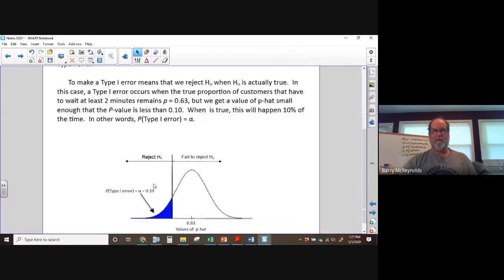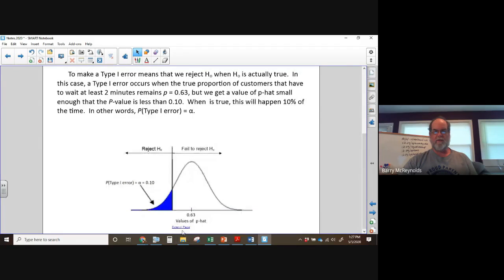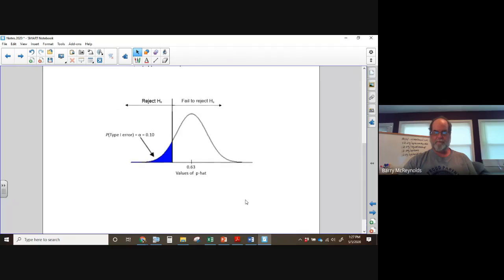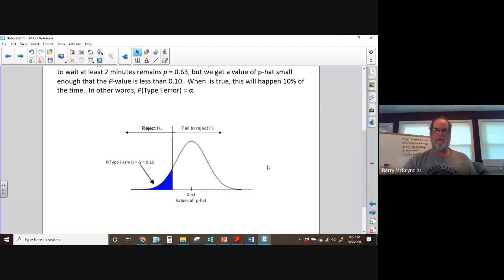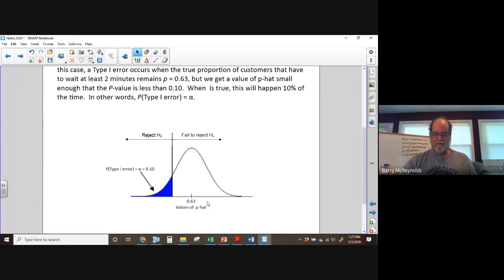And so in the diagram, this is what we're looking at. Okay, so type 1 error is the true proportion remains at 0.63, but the p hat that he collects based on his 250 random samples lands in this area here.